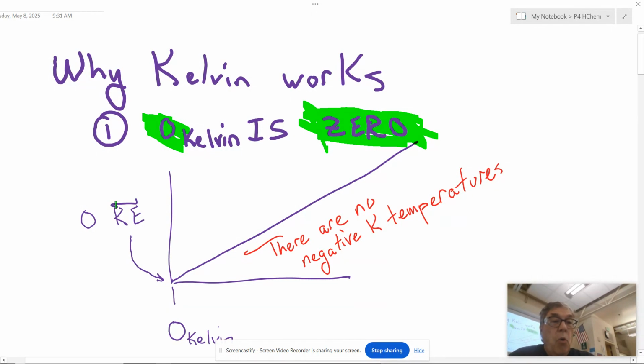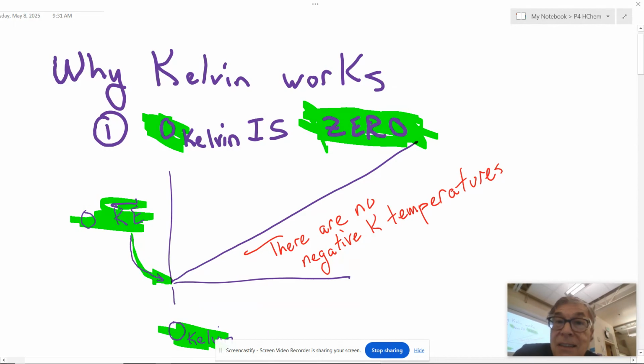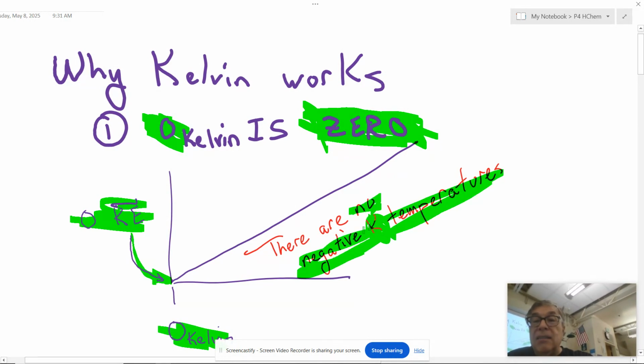In other words, when we get 0 kinetic energy right here, we also have 0 as the temperature. So what that really means is there are no negative Kelvin temperatures. They're always positive numbers. That's going to be really important.